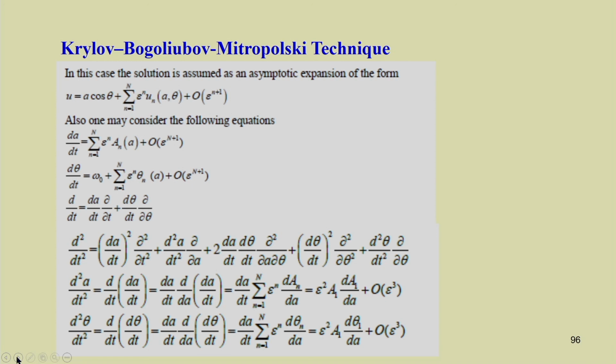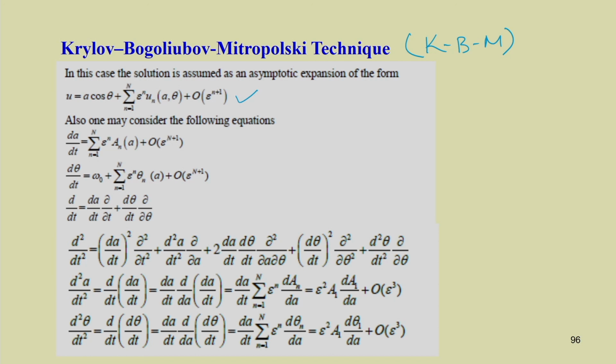This way we can expand u. This method is conveniently known as the KBM method or KBM technique. So, u n is a function of a and theta.